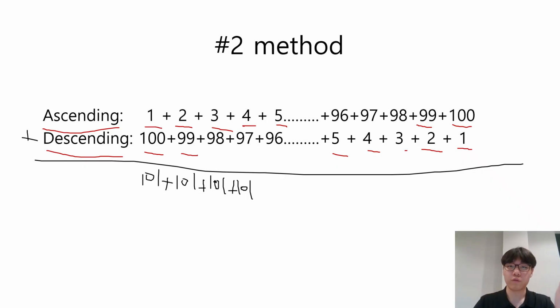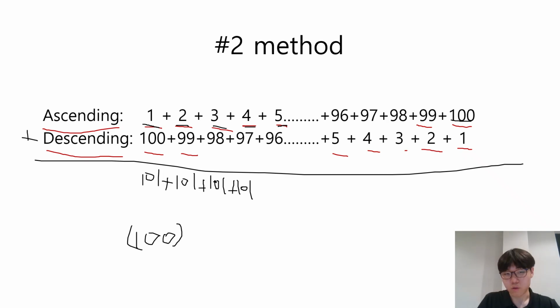So if we figure out how many terms are in the ascending form, then we also know how many 101s we have in the result. The ascending form started from 1, 2, 3, 4, 5, steadily increasing and stops at 100. So we have 100 terms of 101.